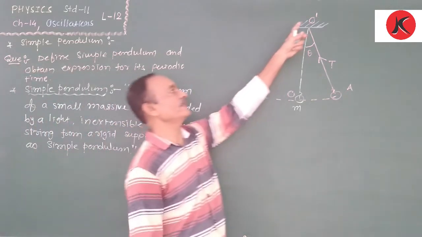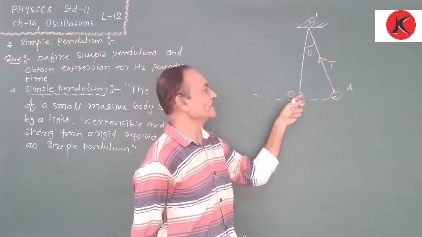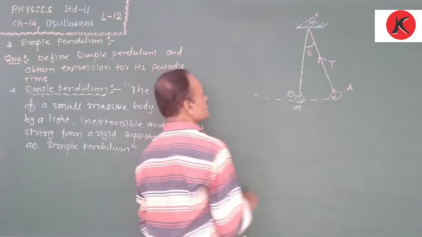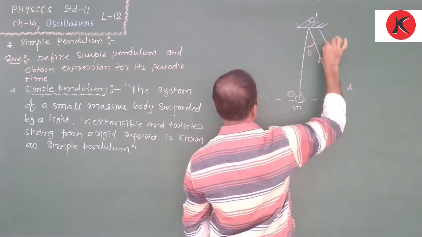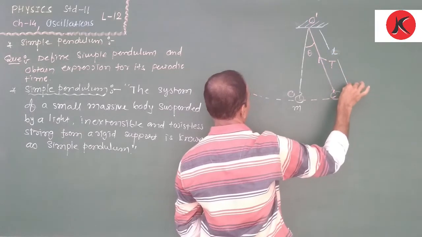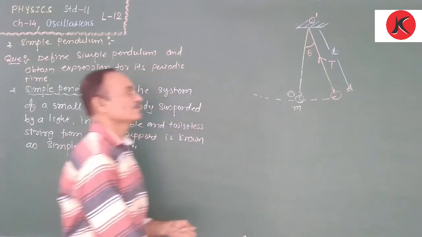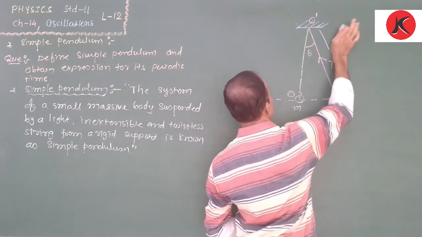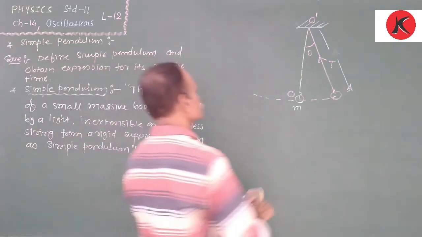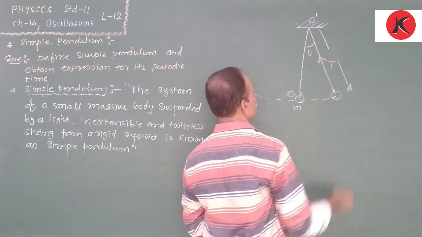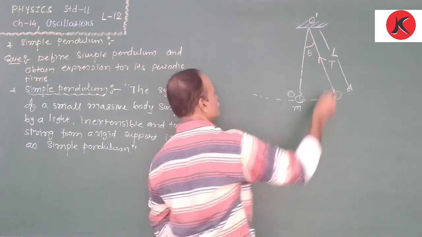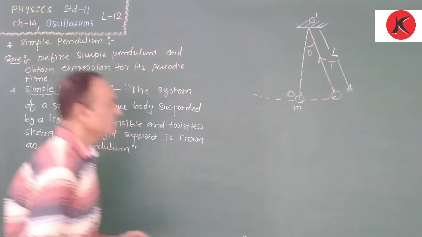Now the distance between the point of suspension and the center of mass of the body is known as the length of a pendulum. Clear? Okay.